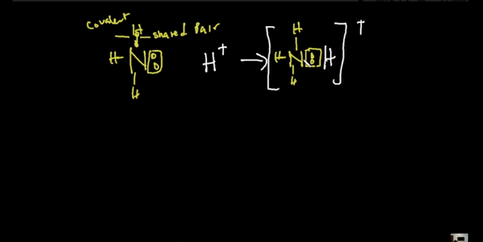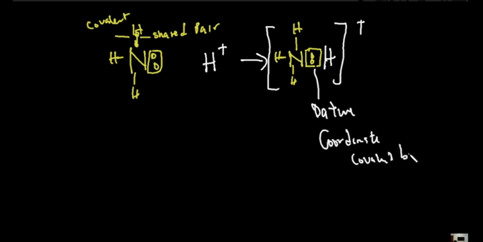A form of sharing in which only one of the combining substances contributes all that was shared is referred to as dative covalent. So this is dative bonding, or coordinate covalent bonding. If it is equal sharing, it is ordinary. But when one of them contributes the shared pair, it is referred to as dative covalent bonding.